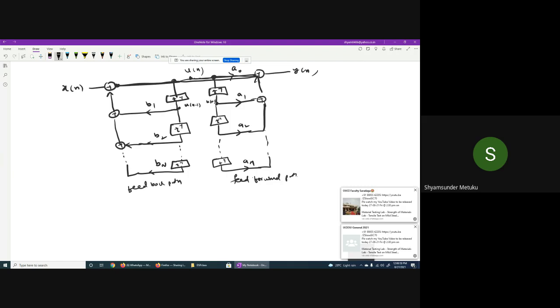Both feedback path and feed forward path need a u of n minus 1. You tell me, do I need to use two delay elements or is one delay element sufficient to provide the u of n minus 1? You're trying to pick some signal from this particular line. You want u of n minus 1.